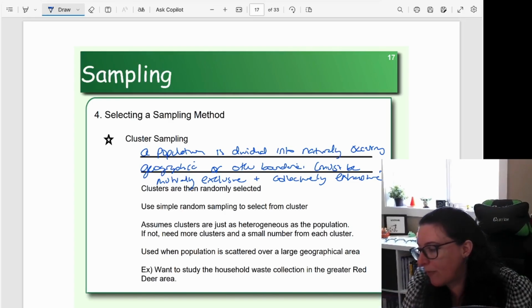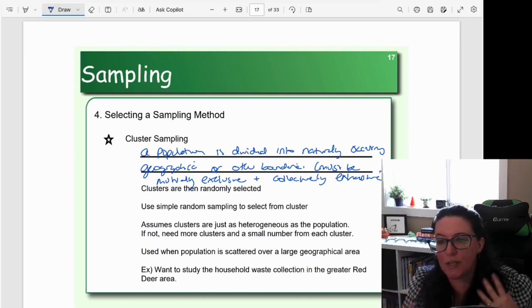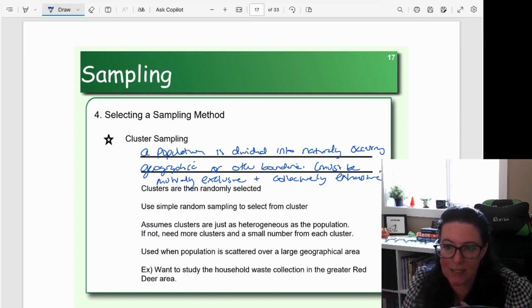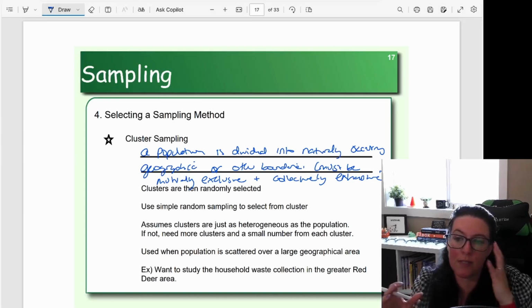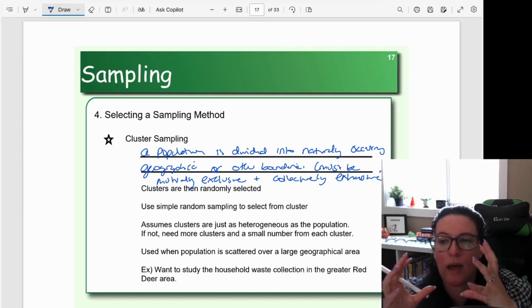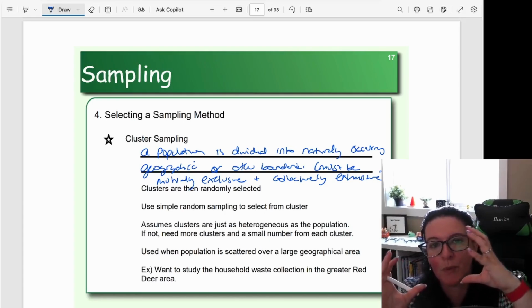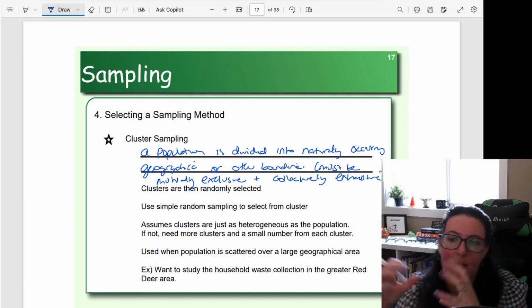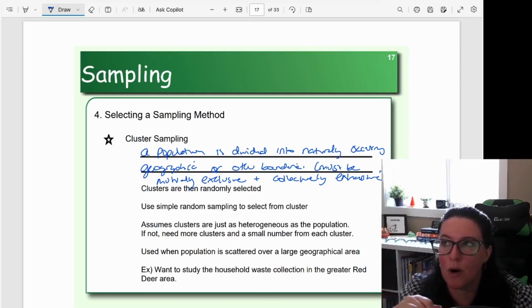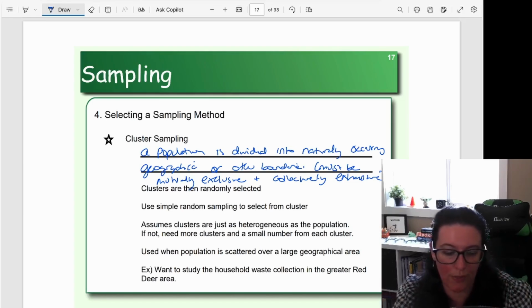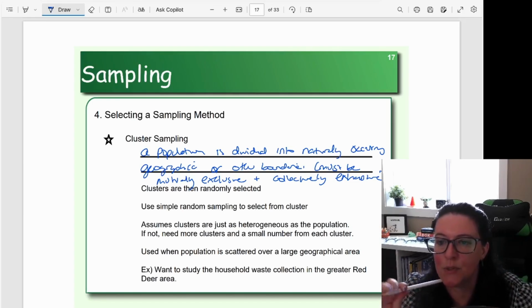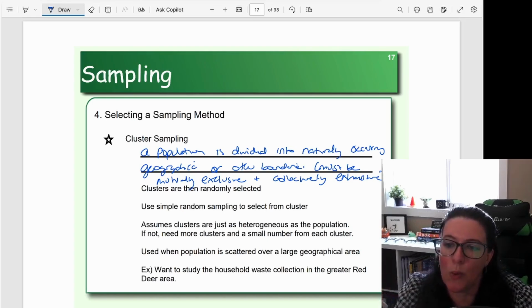So we're assuming that these clusters are just as heterogeneous as the population. As I said, we use a metropolitan statistical area, population groups of about the same size, in terms of making sure that they have certain amenities. So if we're scattered across a large geographical area, then we would do that.